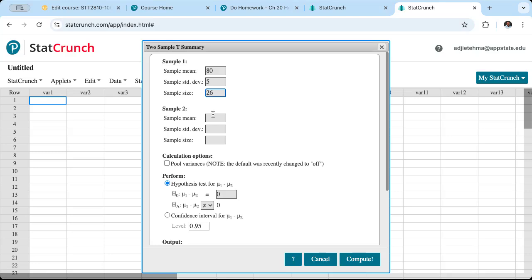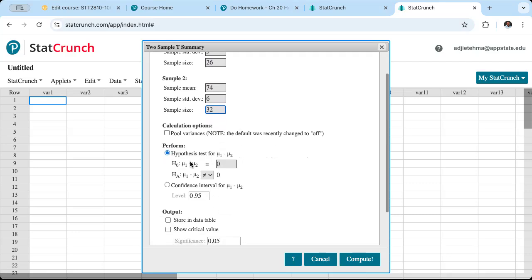For me, my sample 2 is the non-smokers. The sample mean is 74. The sample standard deviation is 6. And then the sample size is 32. So you input this information here correctly.